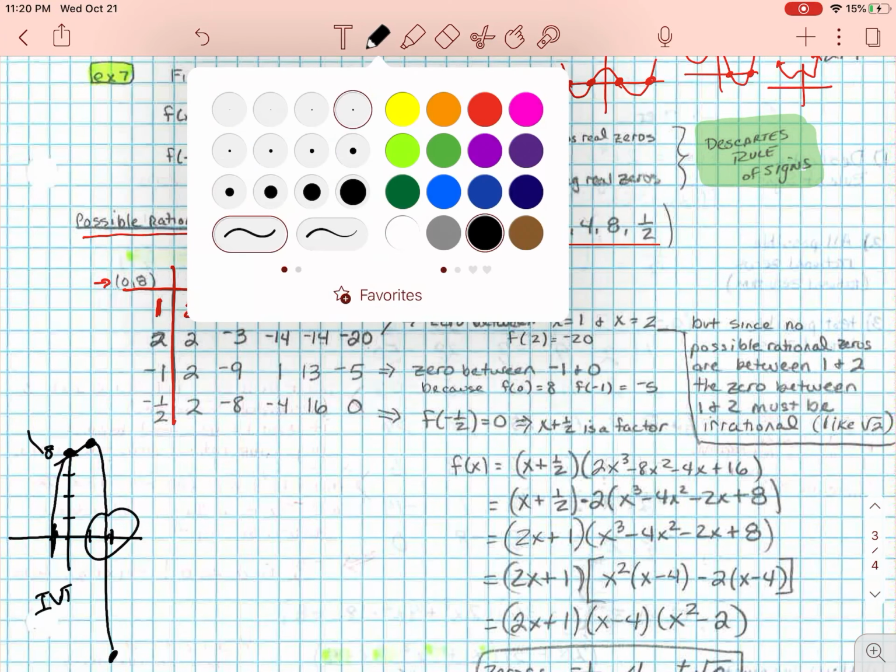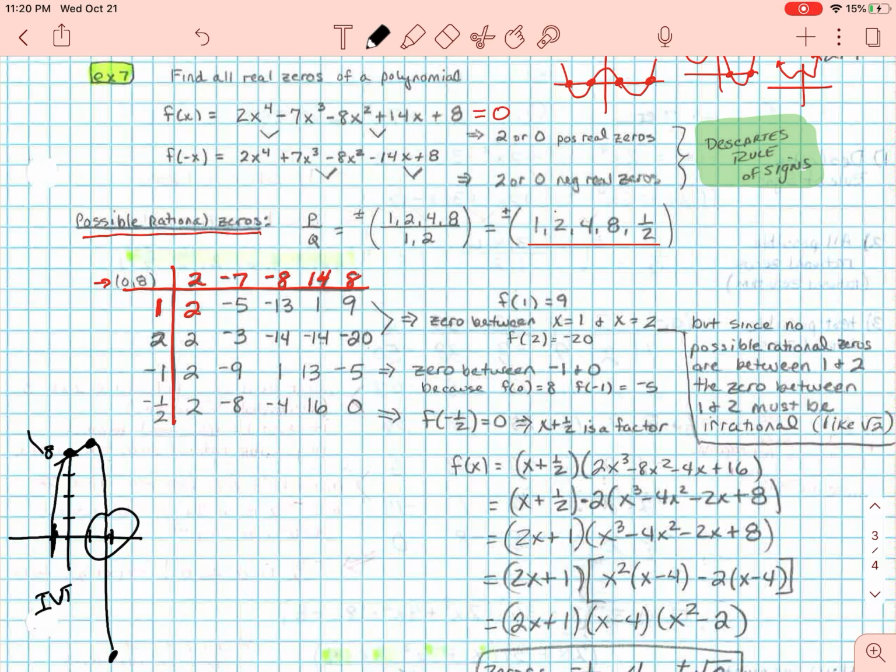All right? So we could try -1/2, right? And we do. So we try -1/2. Bring down the 2. -1/2 times 2 is -1, plus -7 is -8. -8 times -1/2 is +4, plus -8 is -4. -4 times -1/2 is +2, plus 14 is 16. 16 times -1/2 is -8, plus 8 is 0.